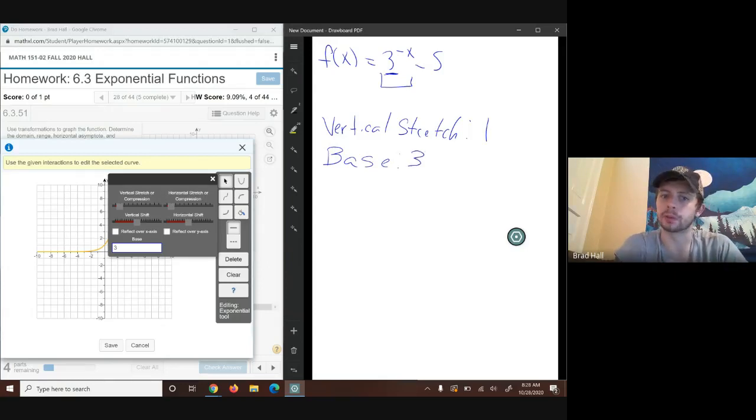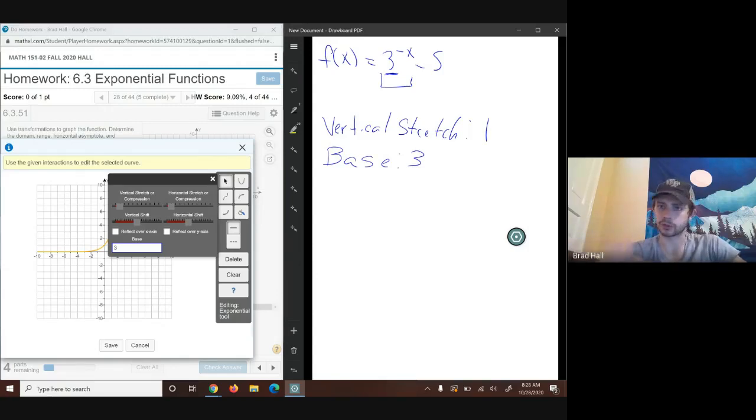And notice they already put 3 for you. In some problems, they will not automatically put the base as 3 for you. In some problems, they do. And I just wanted you all to be aware of that. So here they already put that the base is 3. That's something good to distinguish.